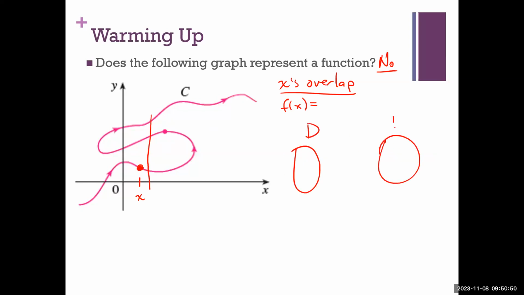Here's my domain, here's my range. If I have a function really and truly, then every single one thing in here better go to one thing over here, right? Is this legal? Is that still a function, or did I violate something? That's a function, right?